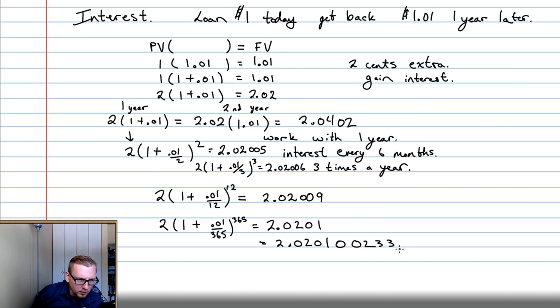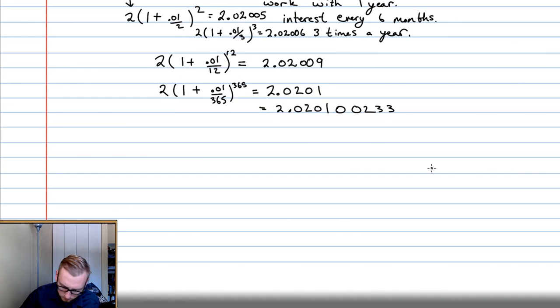So it's not getting much bigger. Even though the number of iterations is getting bigger and bigger, the result is not getting bigger and bigger. Why is that? We've got a limit here. There's a limit as n goes to infinity, and there is a particular number that will give us this value: Euler's number.